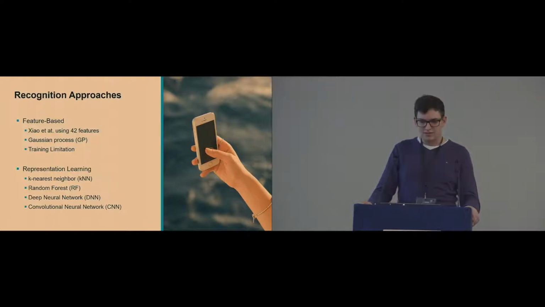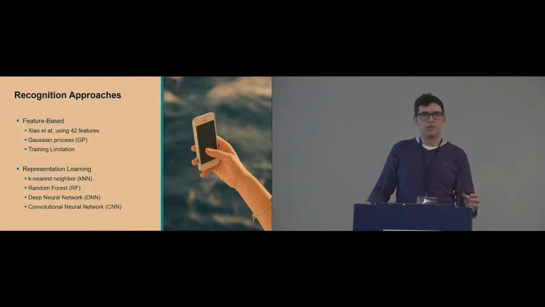Gaussian processes have one limitation: the space required for training is O of n squared, which for our data set is not feasible on a decent machine. That was one problem, and I'm going to show how we tackle it in the next slide. Our new approach is that we just use machine learning, and furthermore, we do not extract features here.